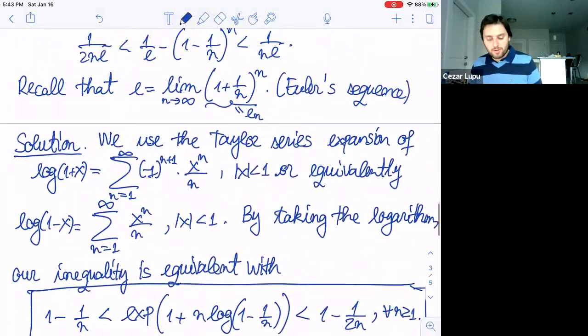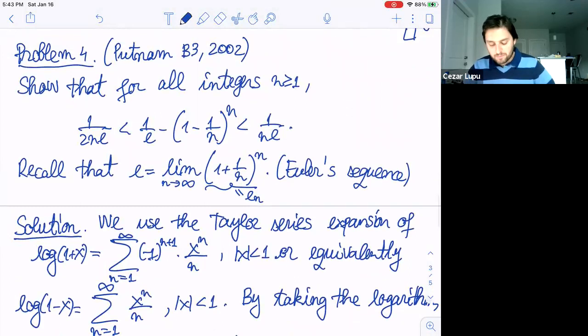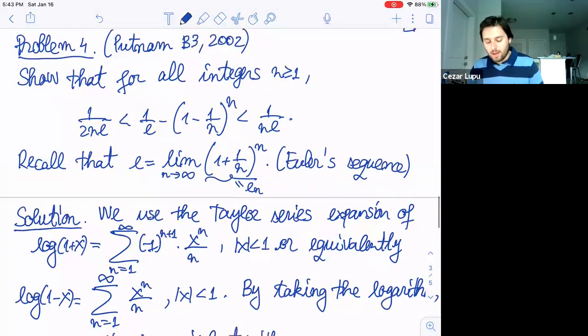And let's go back to our initial problem. Well, let's multiply by n.